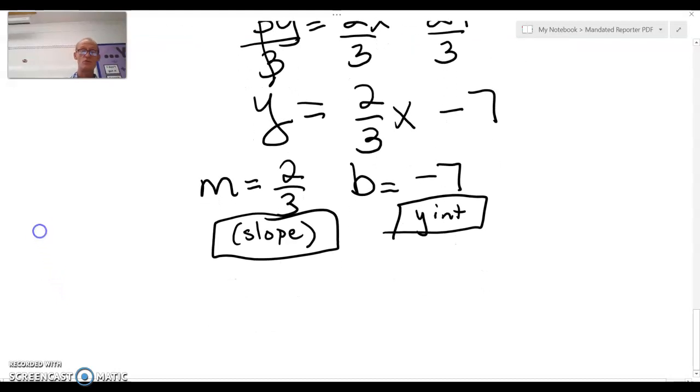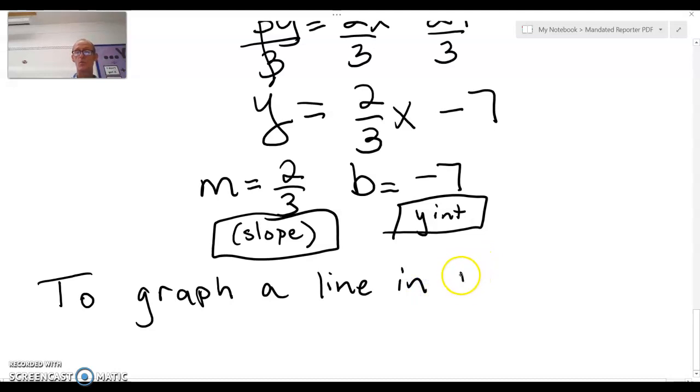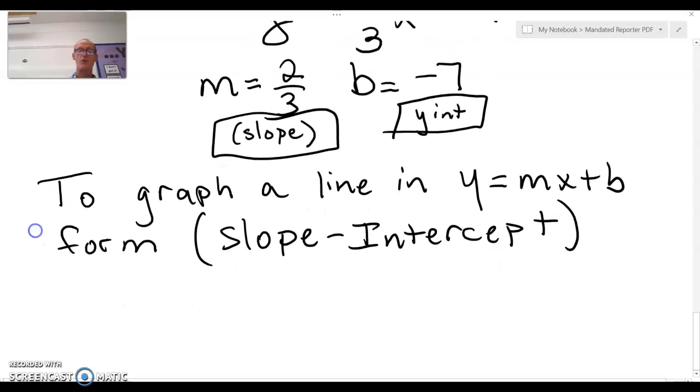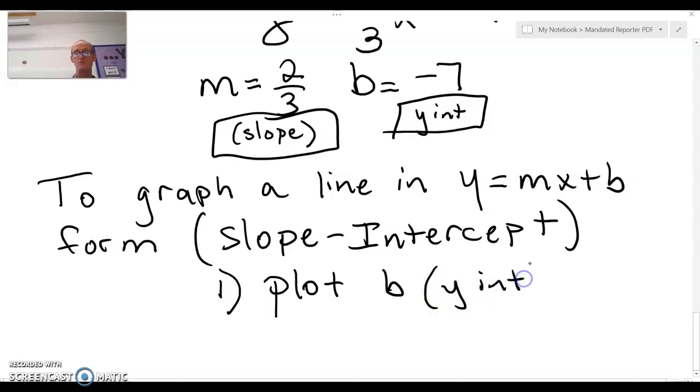To graph a line in y equals mx plus b form, which is slope-intercept form, follow these steps. Number 1, plot b, which is the y-intercept, with a dot, which is a point.